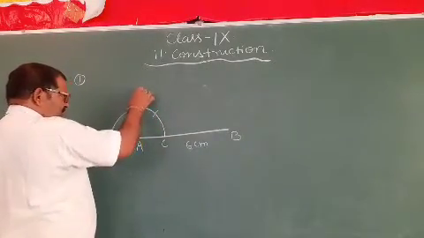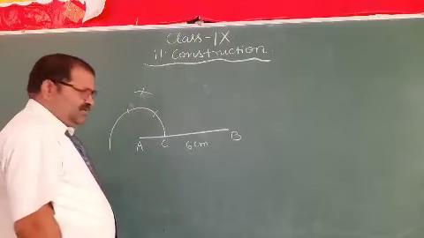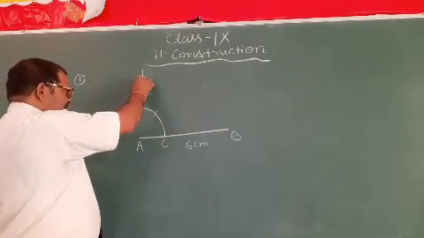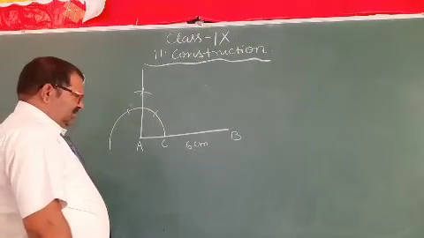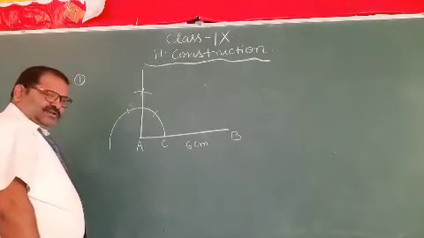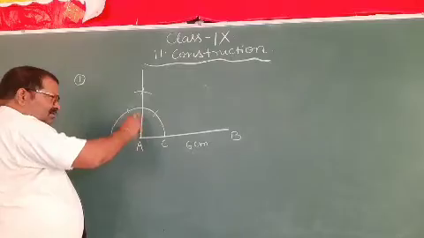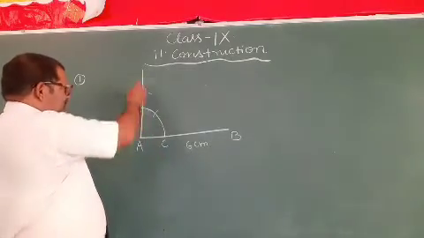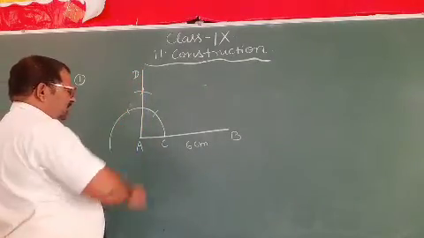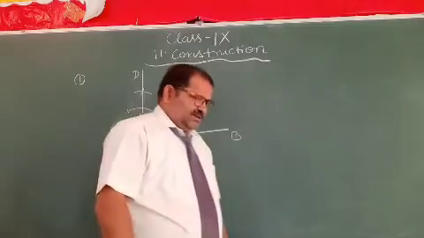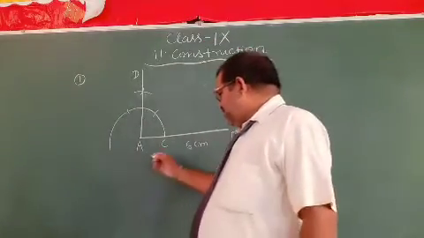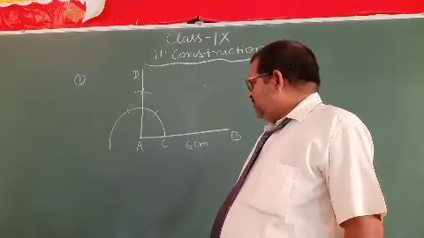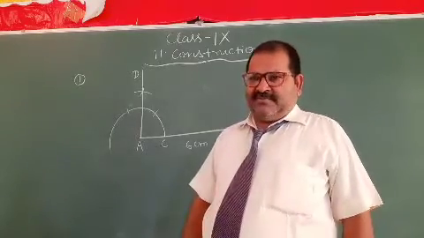Now join the arc to the A. The given line is AD. Now the required construction is formed.